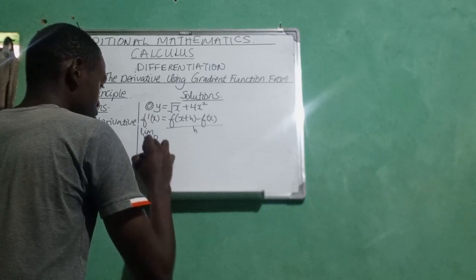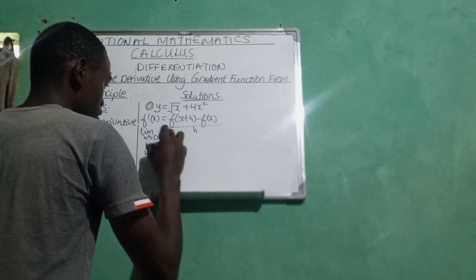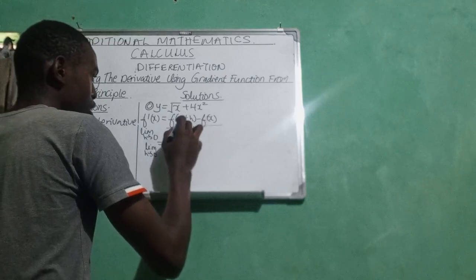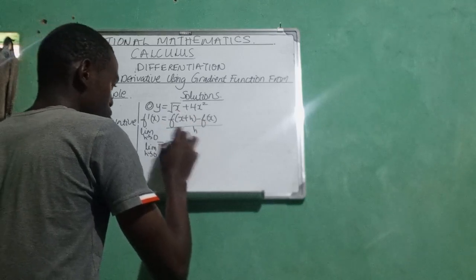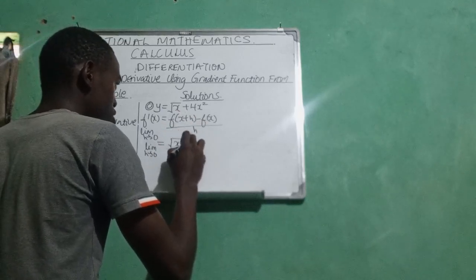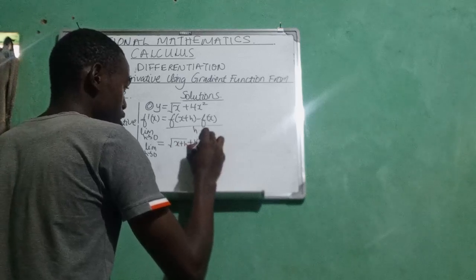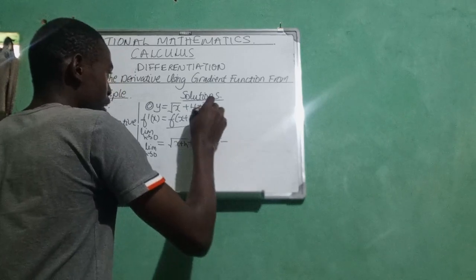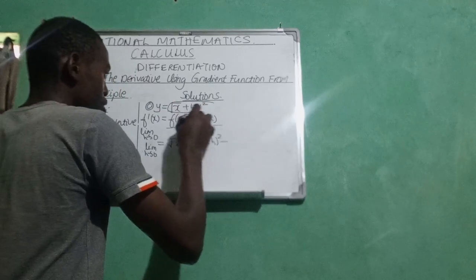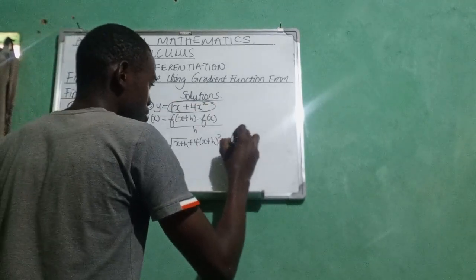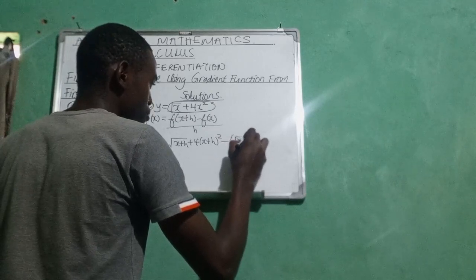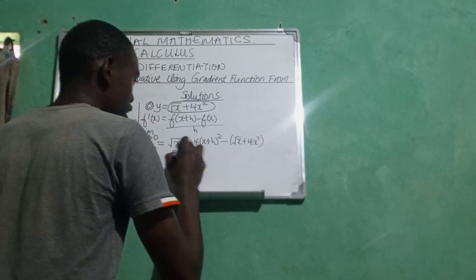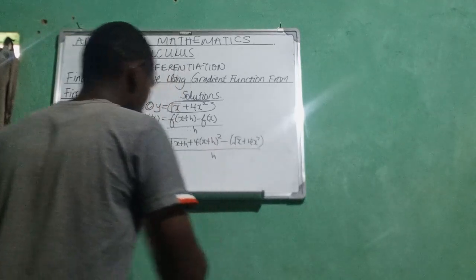So we're taking the limit as h approaches 0. Everywhere you can see x, we put x plus h. So, square root of x plus h plus 4 times (x plus h) squared, minus this function itself, minus square root of x plus 4x squared. Then you divide everything by h.